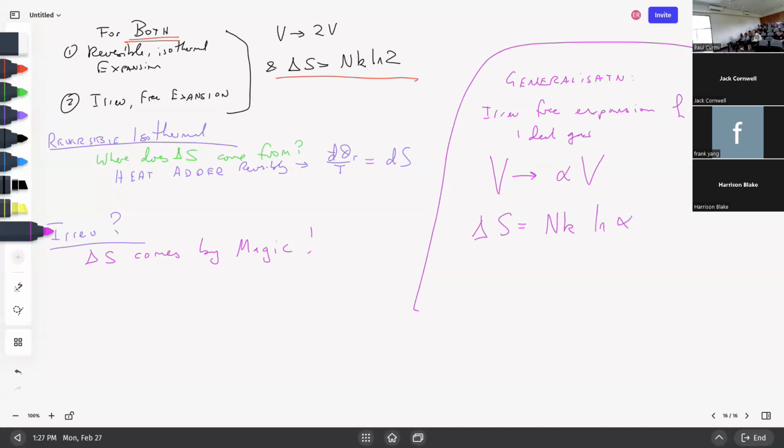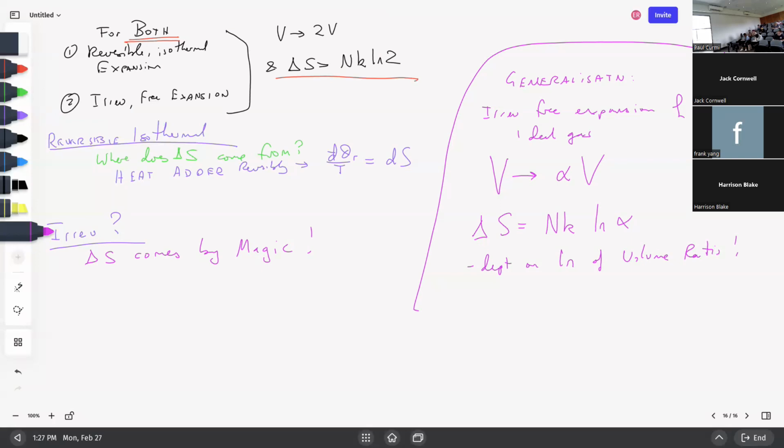Okay, so it depends on the natural logarithm of the volume ratio.